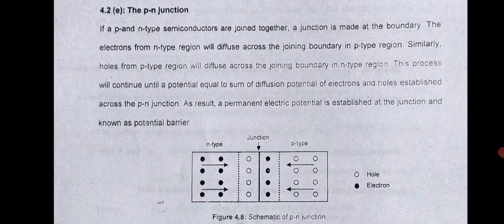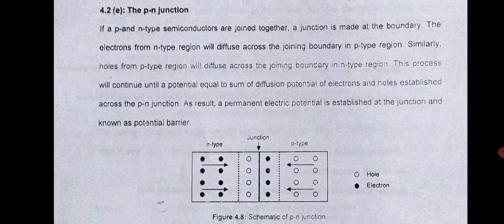If you see the schematic of the p-n junction, the n type semiconductor's majority charge carriers, the electrons, diffuse across the junction into the p type region, and the p type semiconductor's majority charge carriers diffuse across into the n type region.